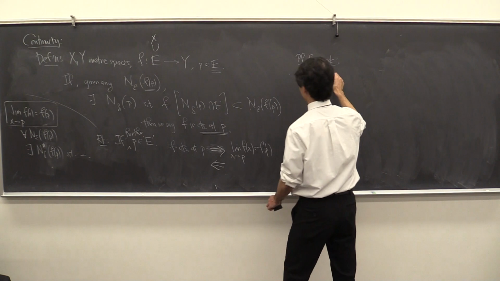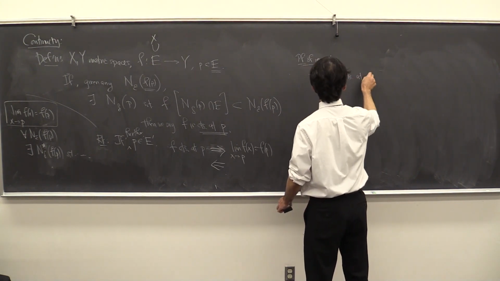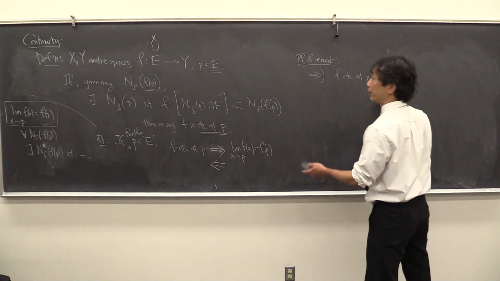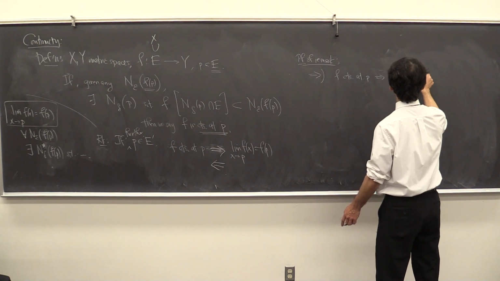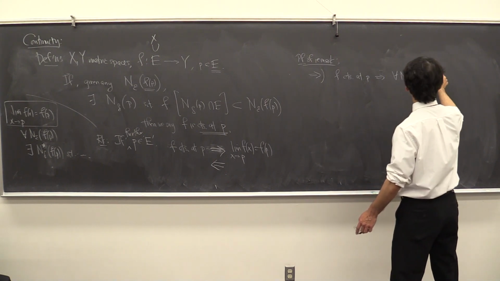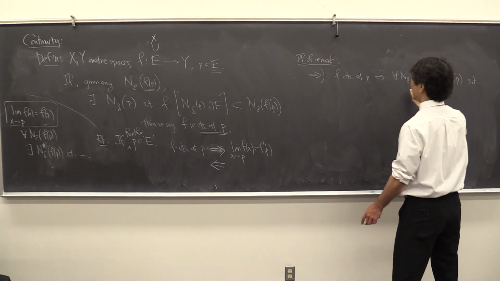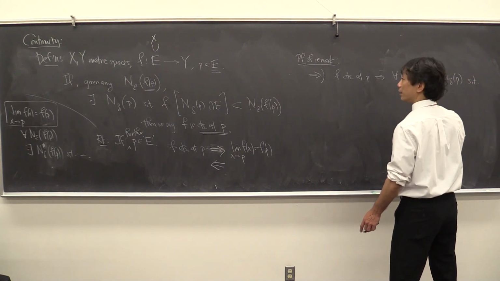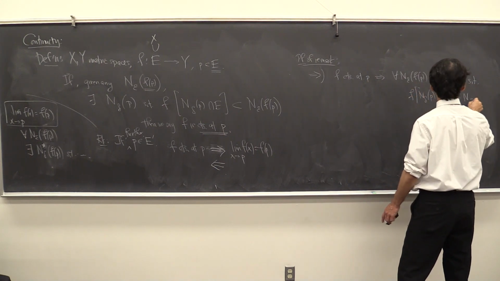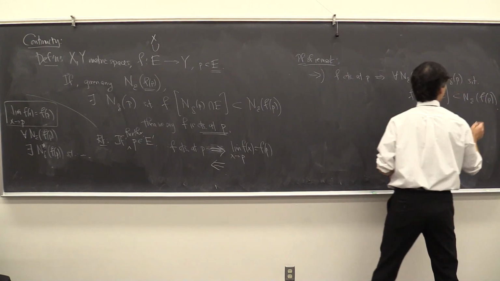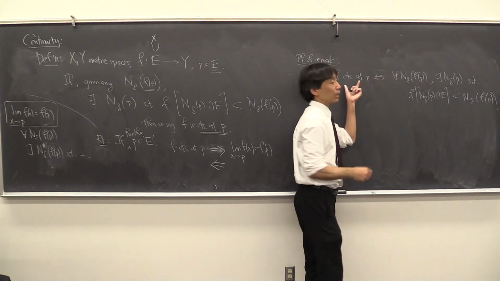Okay. f continuous at P means that, given any epsilon neighborhood around f of P, there exists a delta neighborhood around P such that this is contained in that. Right. That's what continuity means.